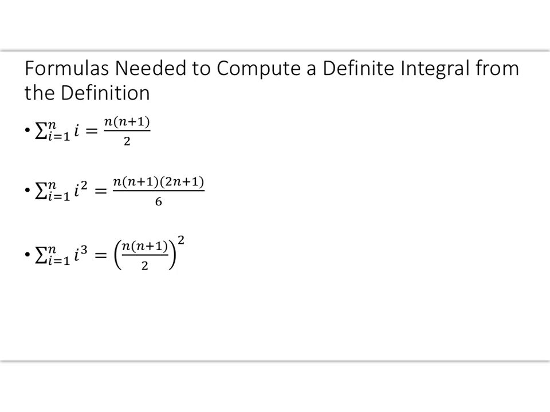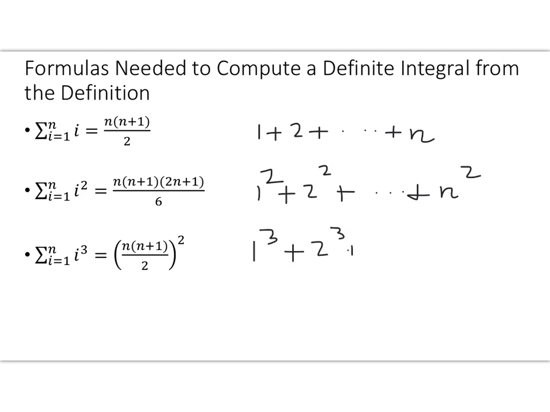So the first formula here, which we saw in the previous video, just tells us how to quickly add all the numbers from 1 up to n. If we want to add all those, the result is n times n plus 1 over 2. The second formula tells us how to add squares. And the third formula tells us how to add cubes, just as we saw in the previous video.